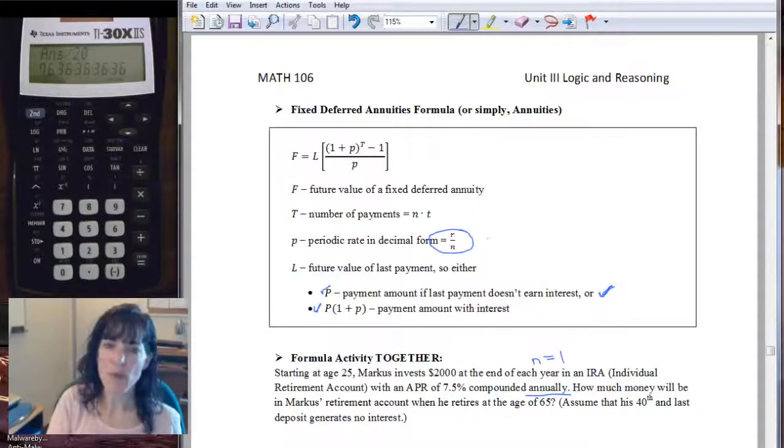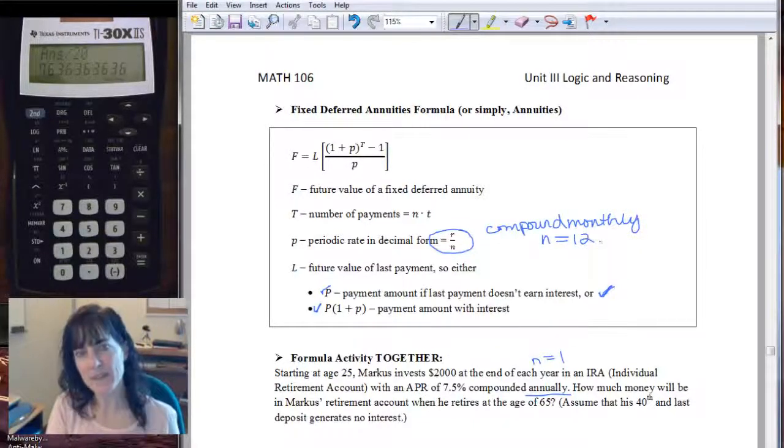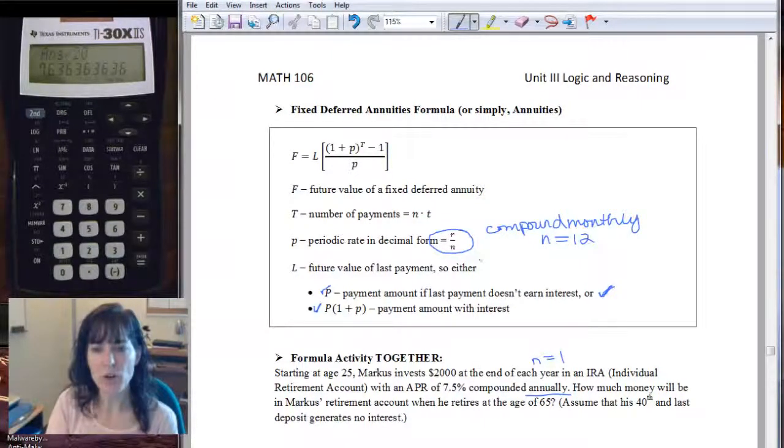And if you compound monthly, then your n is going to be 12 because there are 12 months in a year. There are 12 times where you'll compound this money. So that's where your n's come from. Now the R, remember, is the interest rate for your account, like the 7.5% that they're talking about for this first problem. That'll be your R, but you have to convert it to a decimal. We use them in decimal forms in this formula.